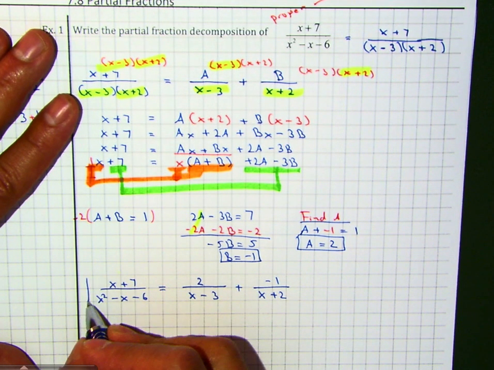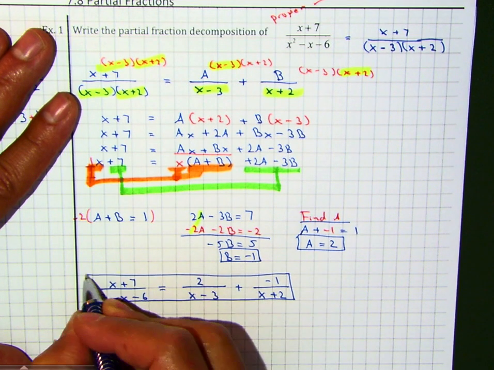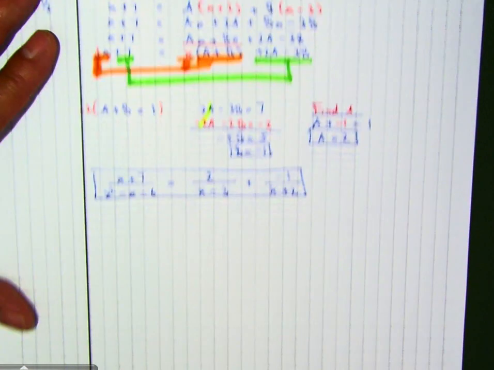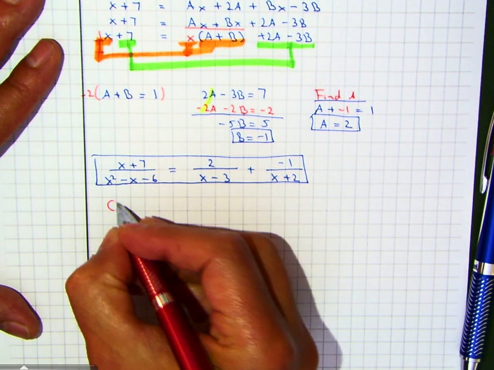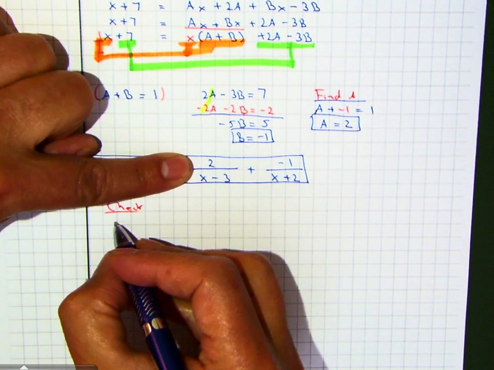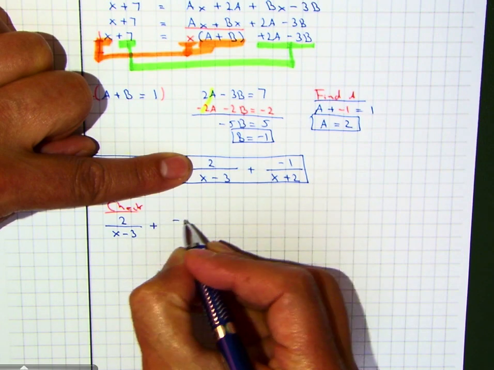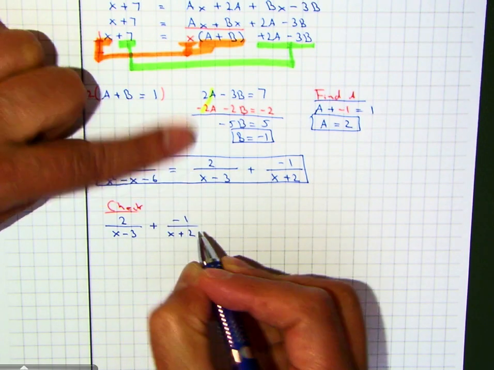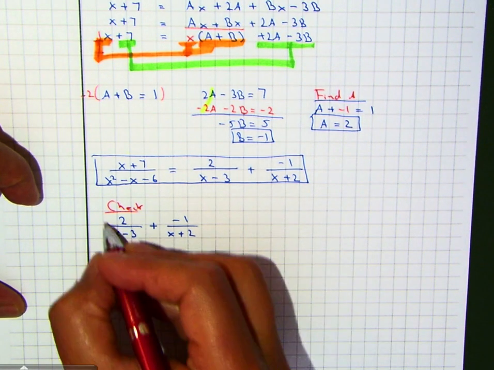So therefore, those two expressions should be equal to each other. So what's one way to find out? Correct, to multiply it out. So let's go and check. That means that if I multiply those two, this expression, 2 over x minus 3 plus -1 over x plus 2, I can add both expressions by making them the same denominator. So I'm going to multiply this side by x plus 2.